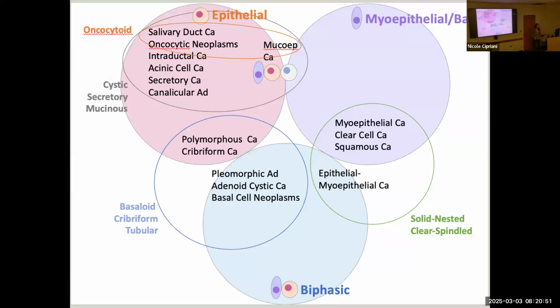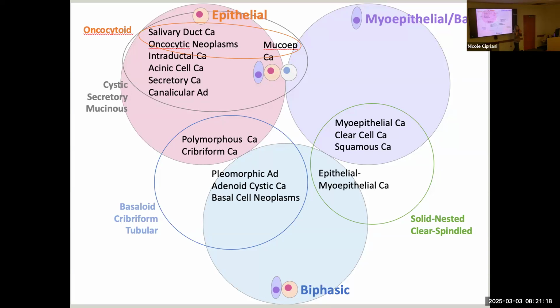Okay, if you want morphologic impressions, you can combine whether it's biphasic or monophasic with, is it monophasic myoepithelial, is it monophasic epithelial, and then what is the underlying morphology? Very solid, more secretory or cystic, more of that basaloid cribriform.